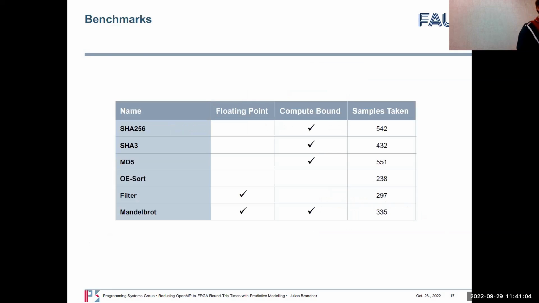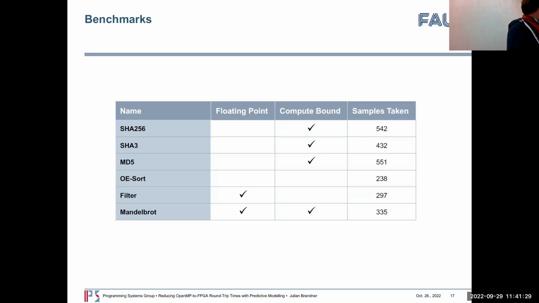So these were our benchmarks. They are all selected because they all react well to the insertion of HLS pragmas. You could do arbitrary OpenMP target region code, but if we have code where pragmas don't change anything, you would have to collect a lot more samples to actually get meaningful results.